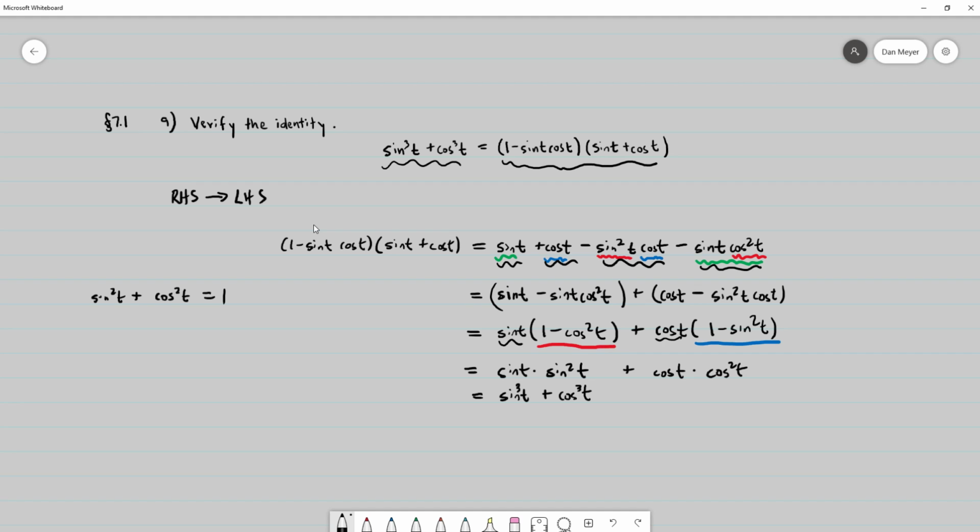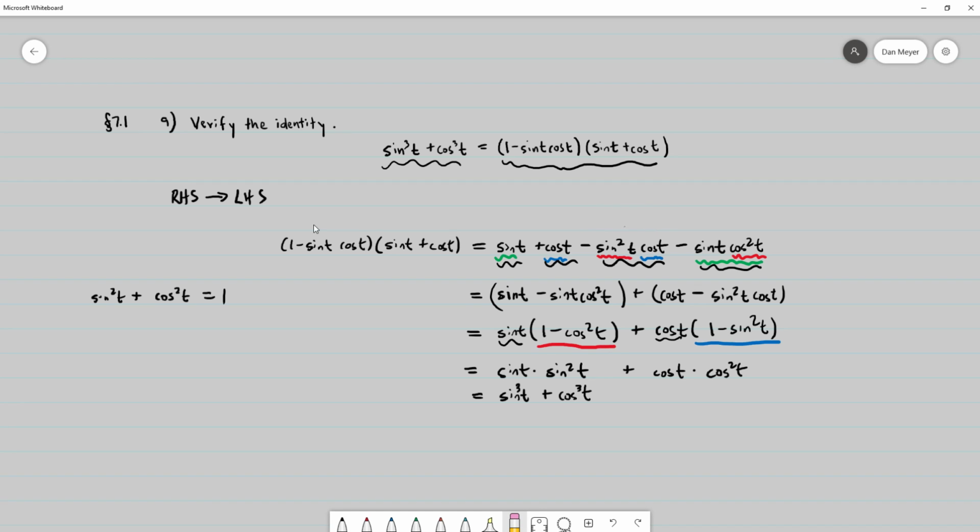And there are other ways that we could have proceeded. For instance, instead of being clever and grouping things together, you could have just turned this sine squared t into 1 minus cosine squared t. Let's see what that would have looked like.